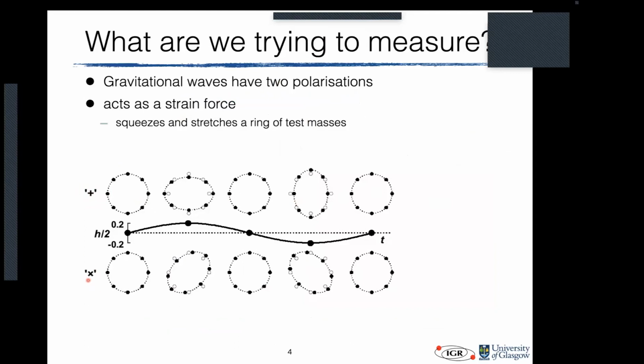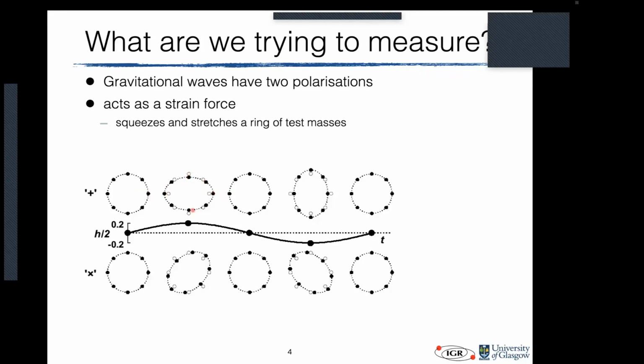Okay, and so if you take the first row in this diagram, then as the gravitational wave travels into the screen, so just imagine the gravitational wave is traveling in the direction that's directly perpendicular to the screen, then at one moment, it will stretch in one direction and squeeze in the other direction, as you can see.